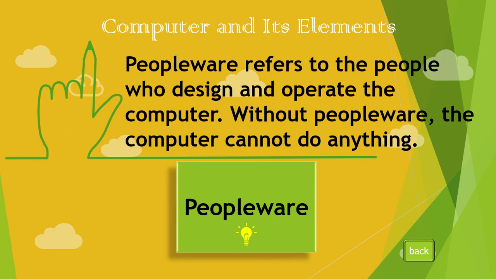Peopleware refers to the people who design and operate the computer. Without peopleware, the computer cannot do anything. There should be someone who will manipulate the computer. So you call it the computer user.